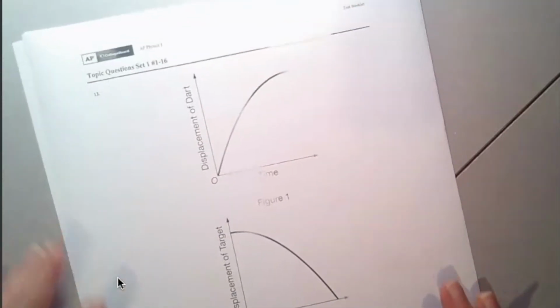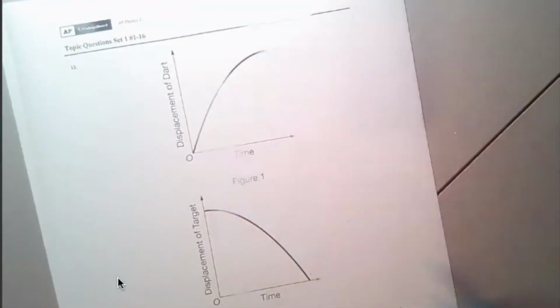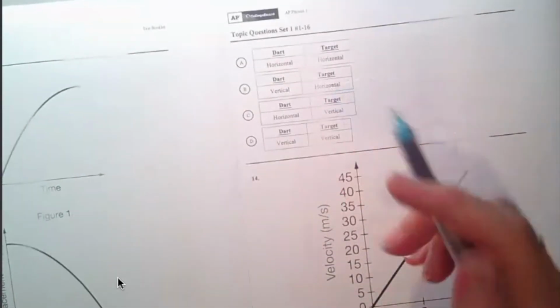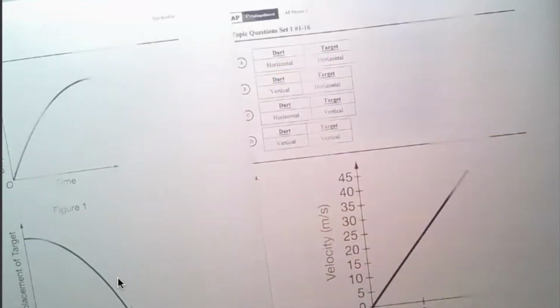So let's look at 13. 13 has a displacement of the dart and the displacement of the target. The question is asking you to evaluate which displacement component, the horizontal or the vertical, is represented by the graph.